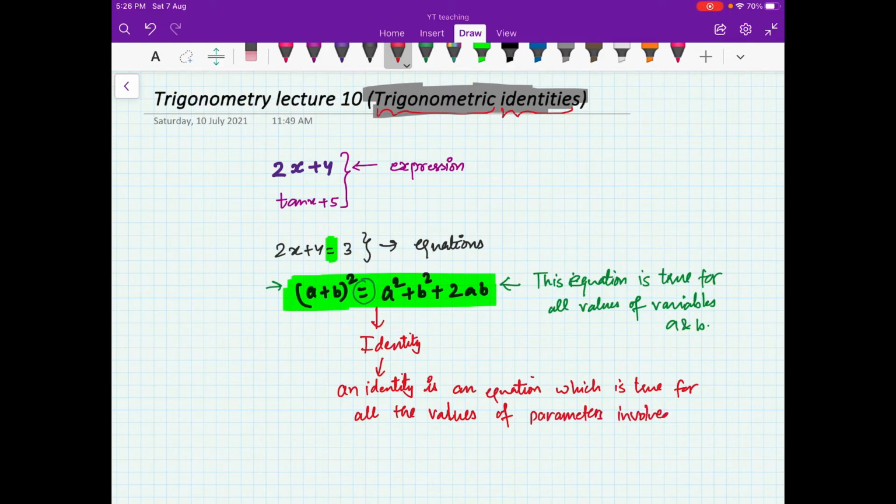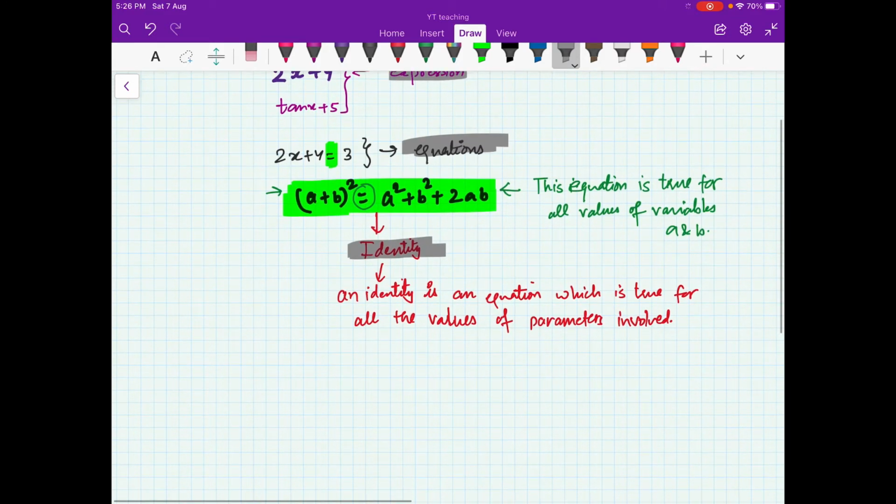Okay, so this is the difference between an expression, an equation and an identity, right? So till now you must be studying about identities which contain polynomials, but now we can have identities which contain trigonometric ratios, and those identities are called trigonometric identities.